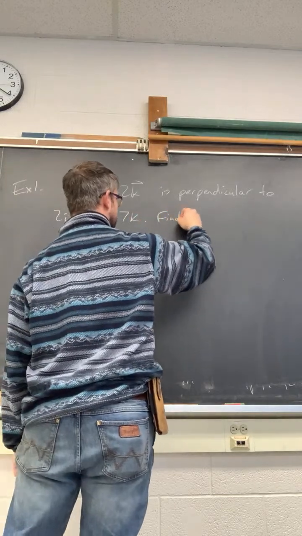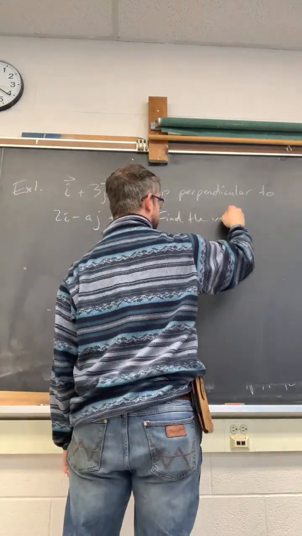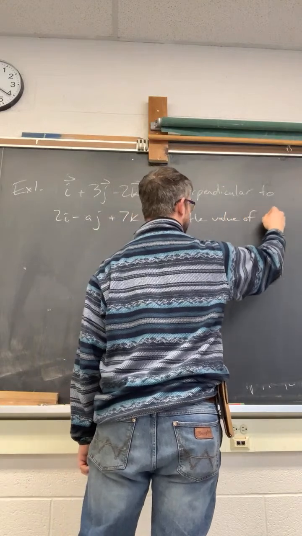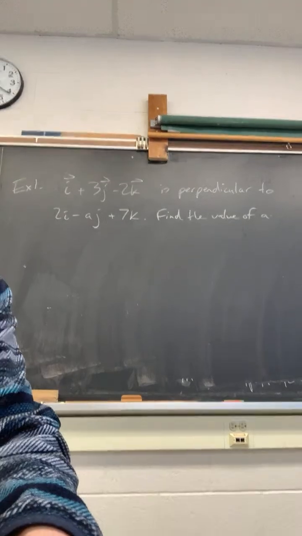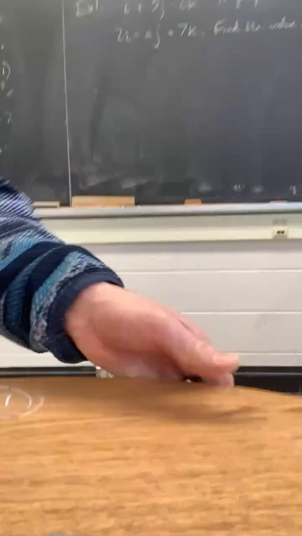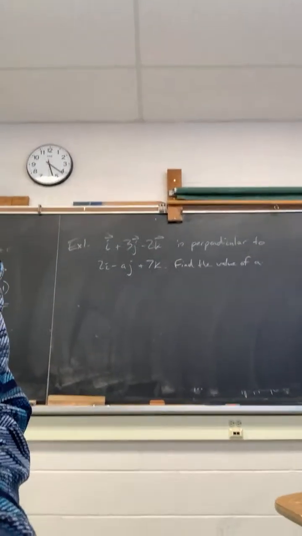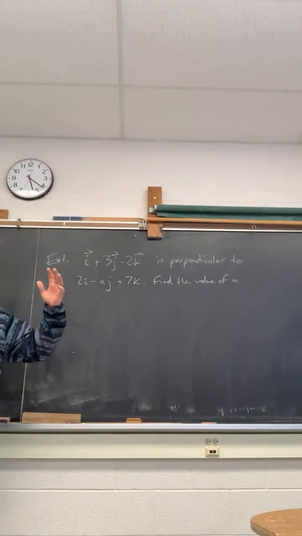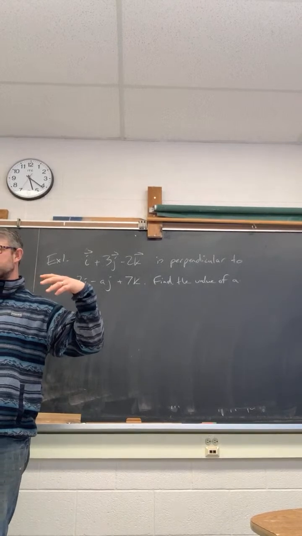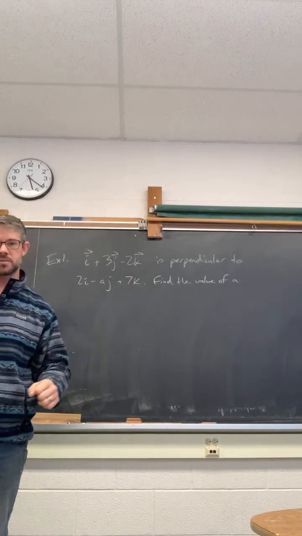Find the value of a. And I love questions like this because it's not just an example that gets you computationally to do the dot product, but it's also a question that gets you to think about the result of the dot product as well.